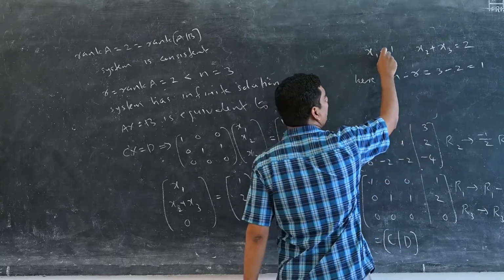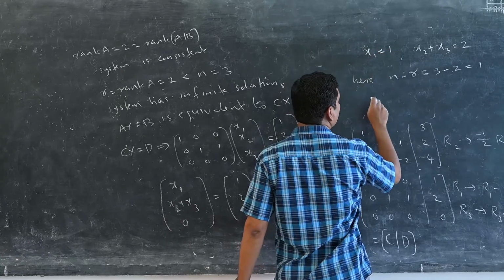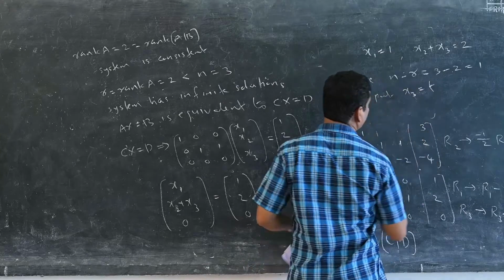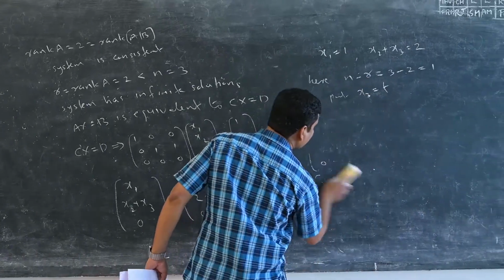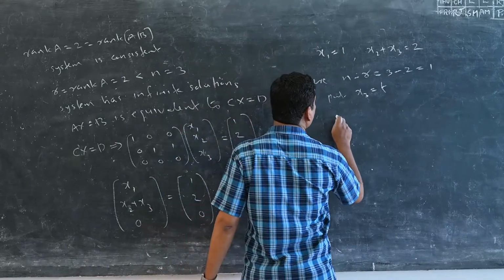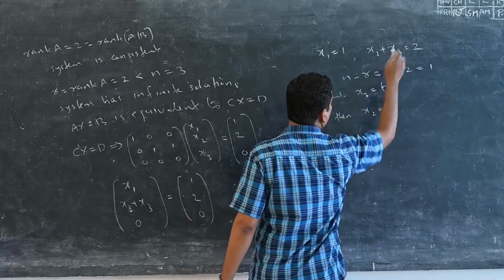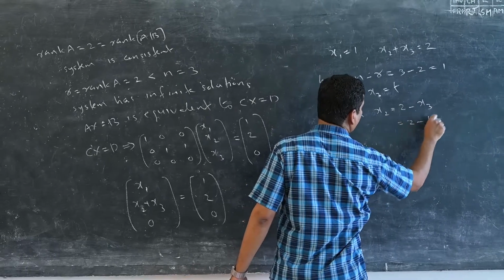Here x1 is equal to 1. We choose x3 equal to t, where t is an arbitrary real number. Then x2 is equal to 2 minus x3, which is equal to 2 minus t.